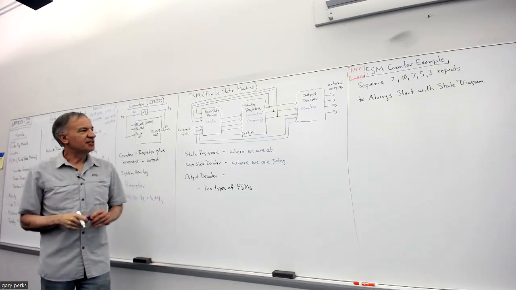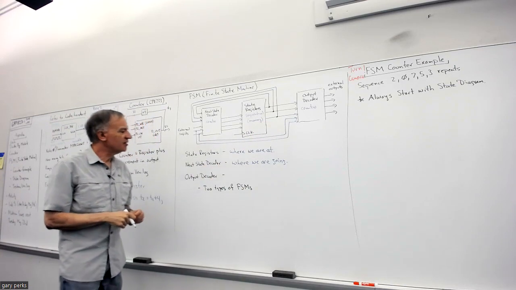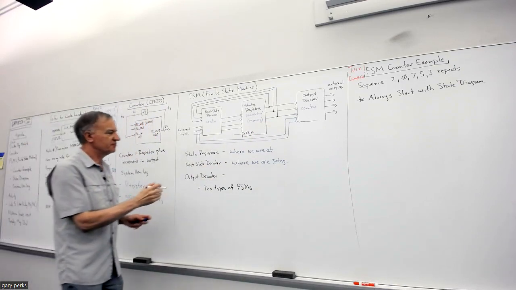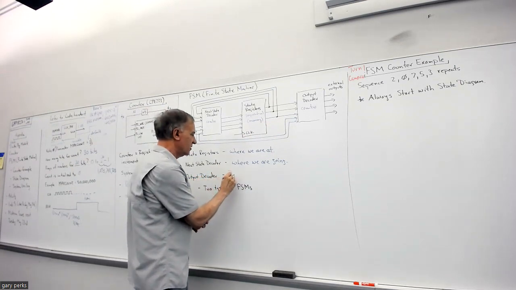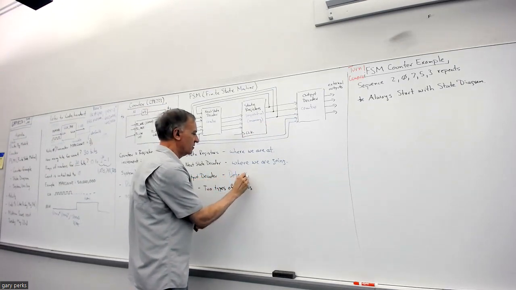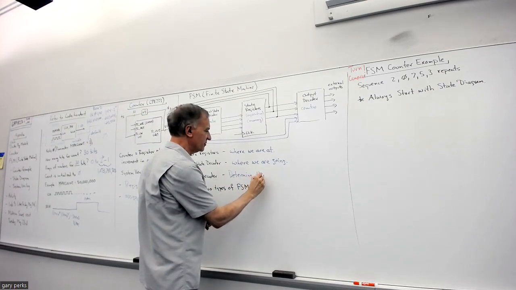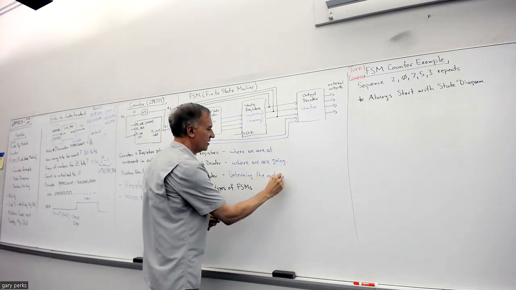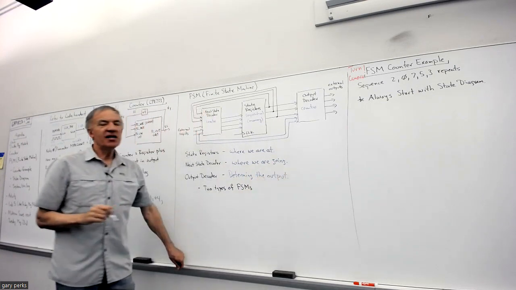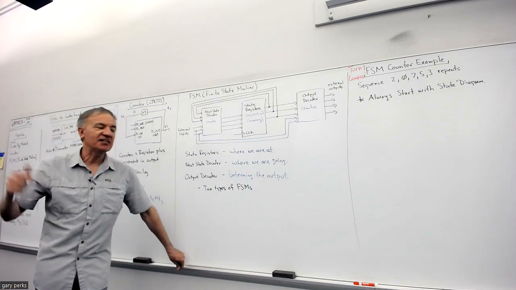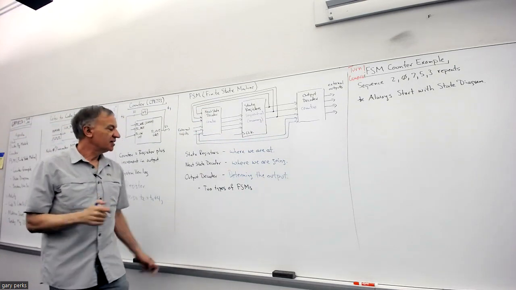Now the output decoder, as the name implies, it's determining the output. And this is where having 2 types of FSMs come into play. Okay, there's 2 types.